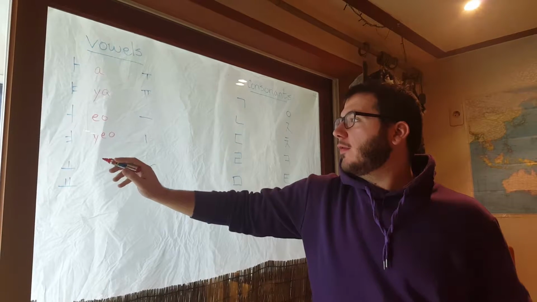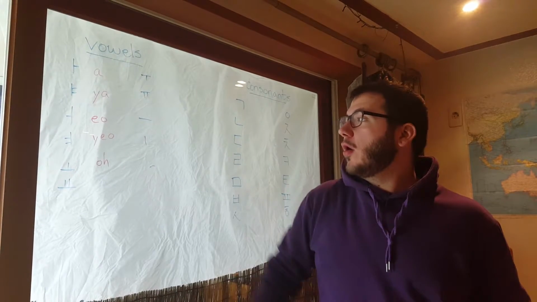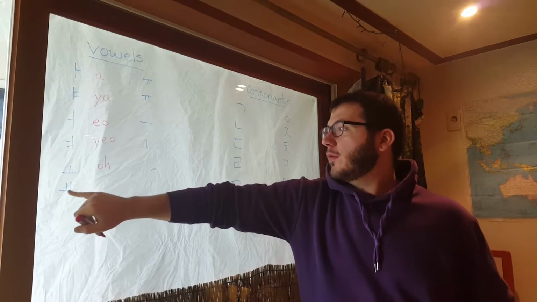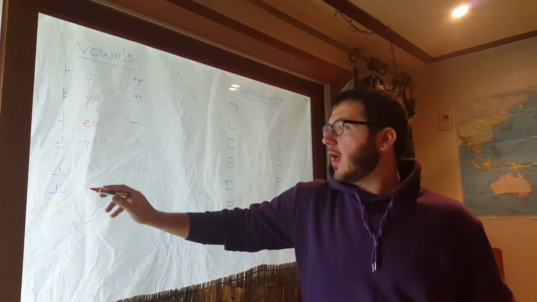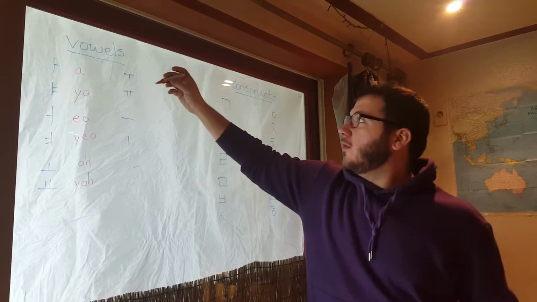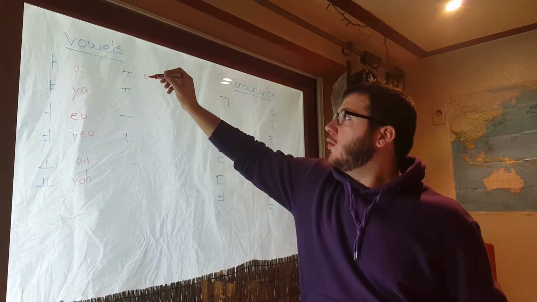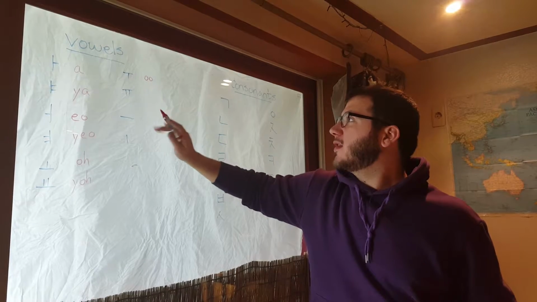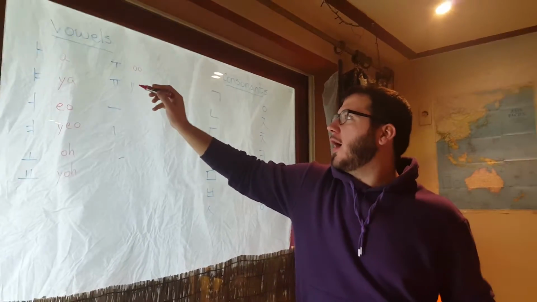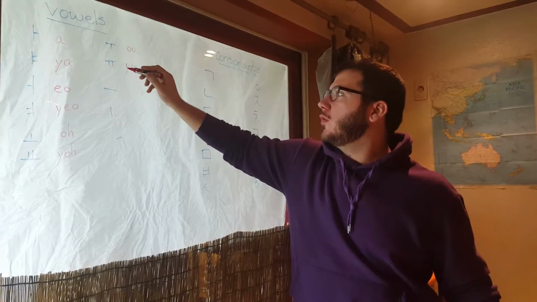Here we have O, like oh no, here. And then, of course, we have that extra line, so we're going to have the Y come out in front of that. Here we have oo, like ooh, I'm scared. And here we have the Y-O-O sound, you.